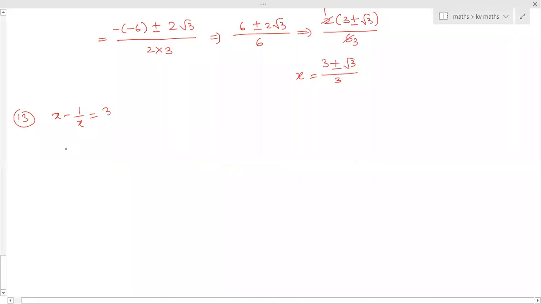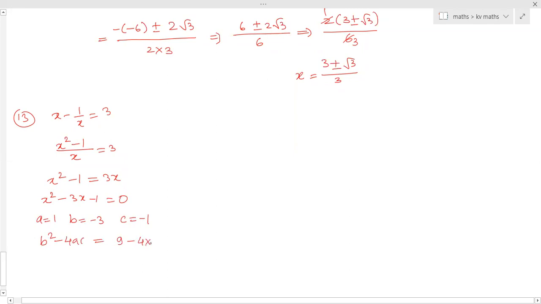Yes, Devyani, right. This is x minus 1 by x is equal to 3. x square minus 1 is equal to 3x. x square minus 3x minus 1 is equal to 0. a is equal to 1, b is equal to minus 3, c is equal to minus 1. First, find the value of b square minus 4ac. That is 9 minus 4 into 1 into minus 1, so 9 plus 4, that is 13.